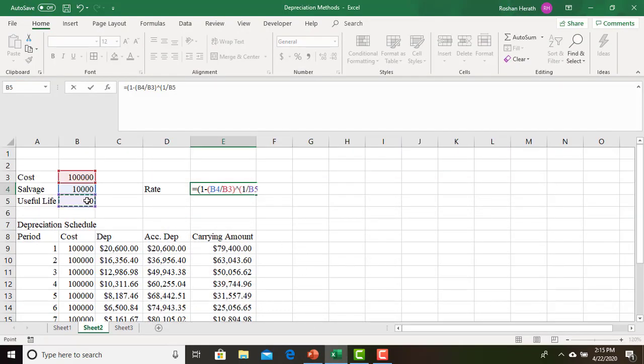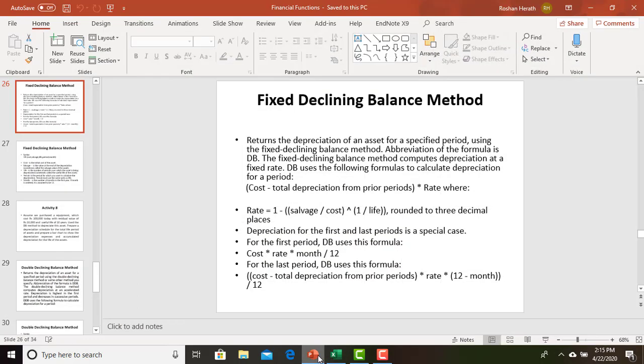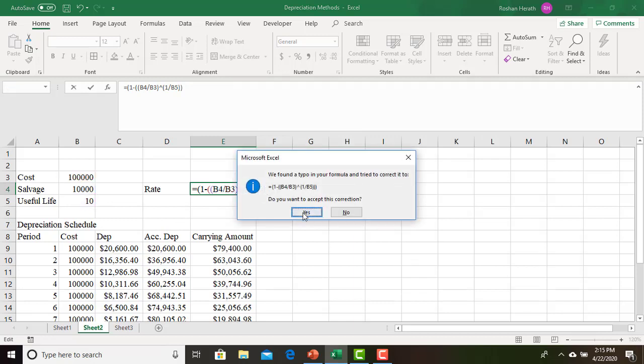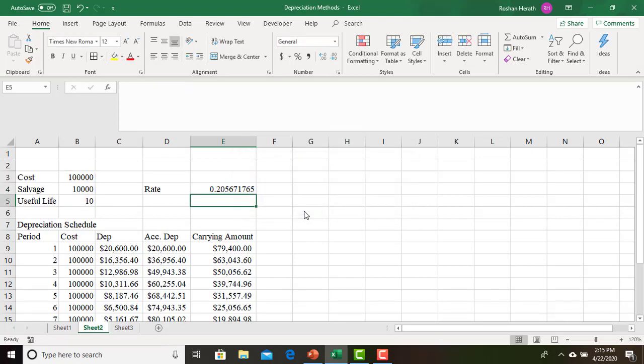So the life is 10 years. So this is how that particular rate is being used. You have to be careful about using the brackets. We may use one more bracket over here, it does not make much difference. So this is the rate that is being used.